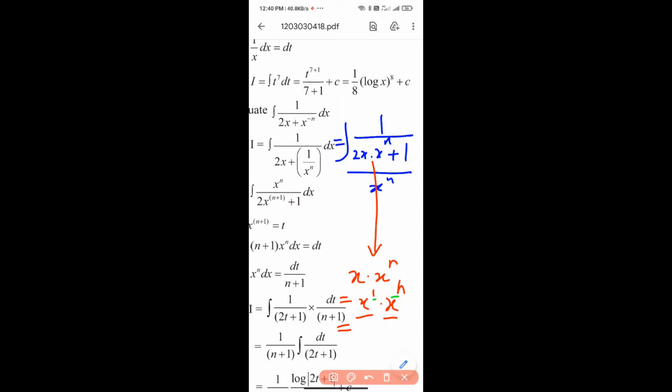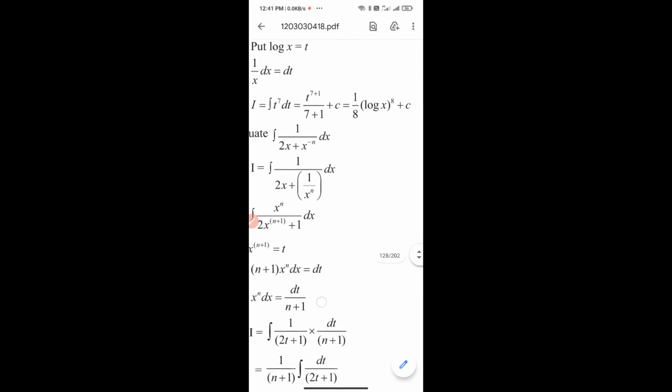So it becomes x raised to 1 plus n, or you can write the same as x raised to n plus 1, right? So you have to write these steps in the blank spaces so that you can understand it easily when you are revising this. So that's how they have got x raised to n plus 1.